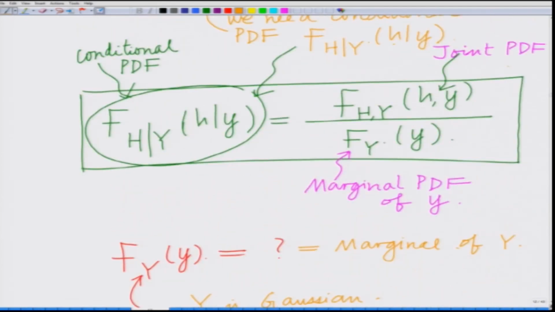Now we substitute the joint probability density function of h comma y in the numerator and the marginal probability density function of y in the denominator in this expression to get the conditional probability density function of the parameter h given y. All right. Once we get the conditional probability density function of h given y, we can evaluate the mean of this conditional probability density function to derive the MMSE estimate of the parameter h given the observation y.